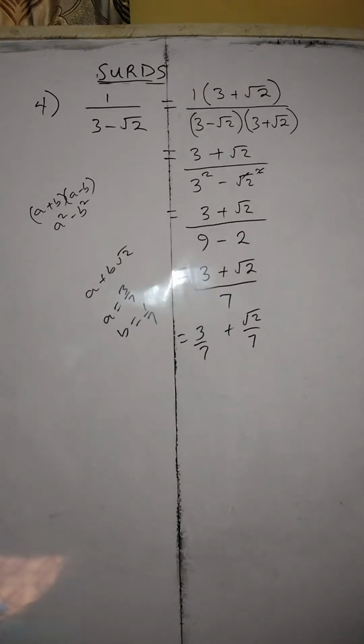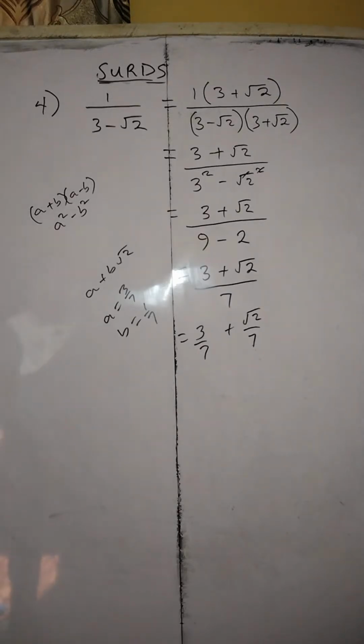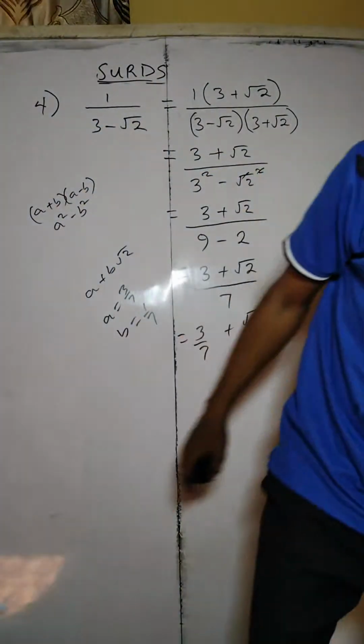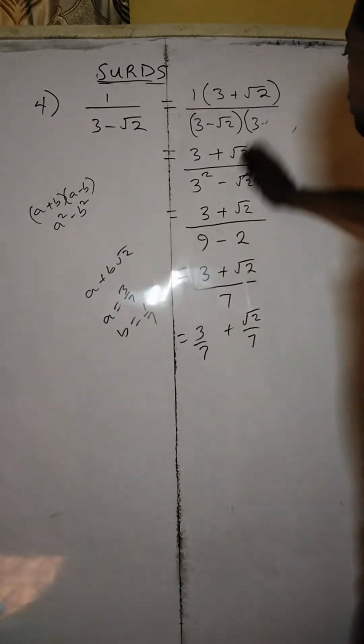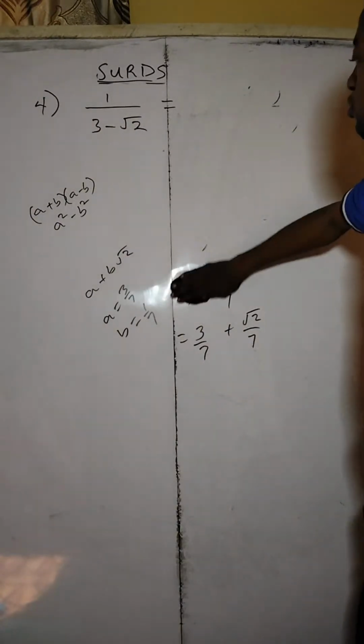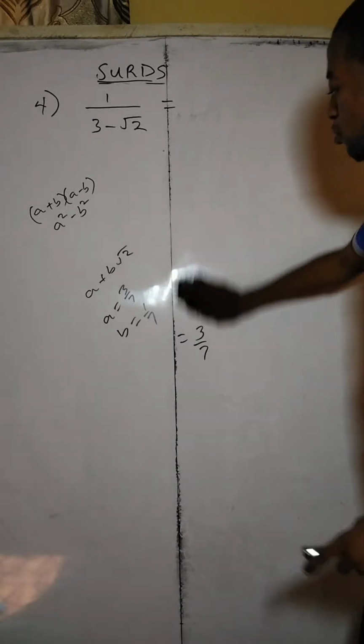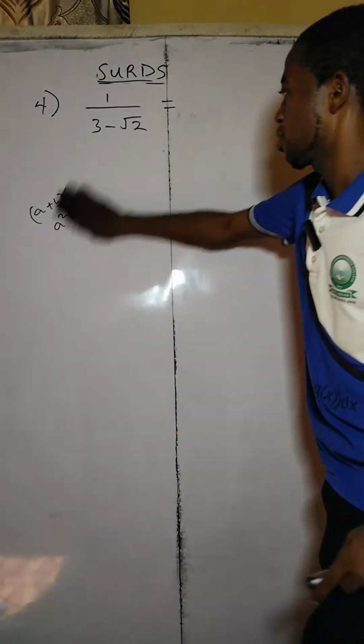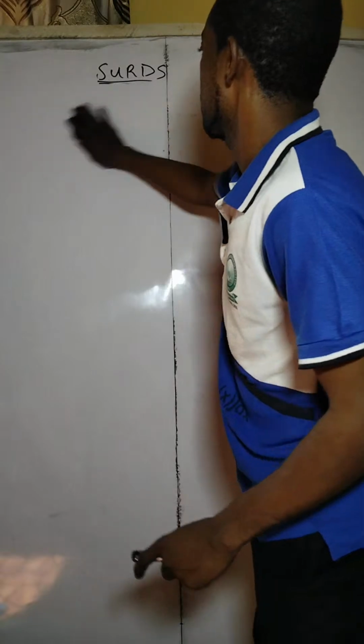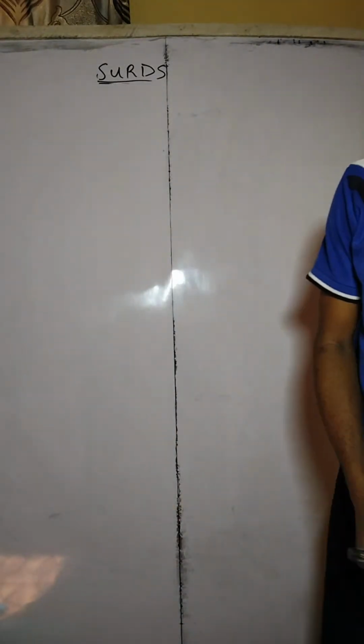Let's look at another one in this problem, which will be number 5. So solving questions on surds, and we rationalize. Next, we have number 5.